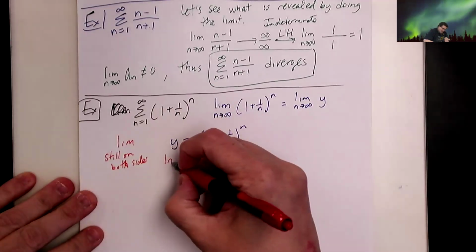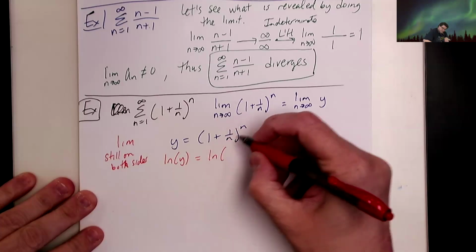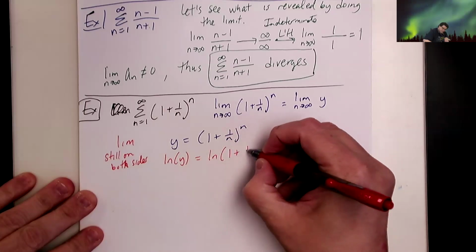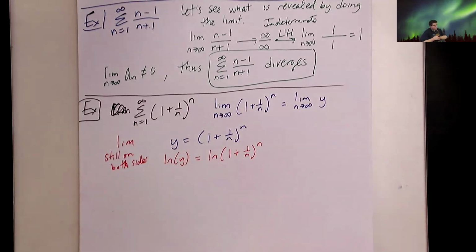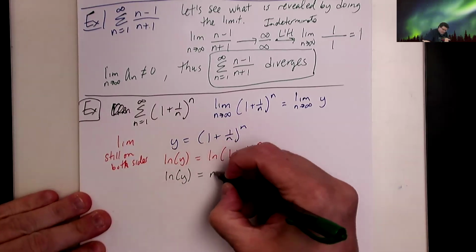We can take the natural log of both sides and it's still going to hold true. And properties of log say we can pull that exponent down.